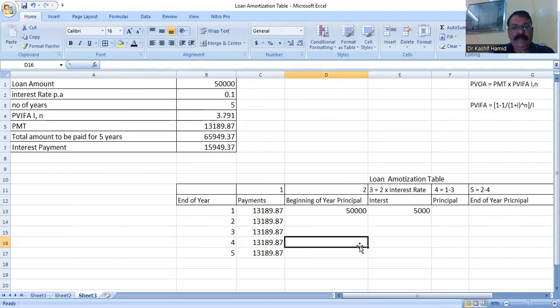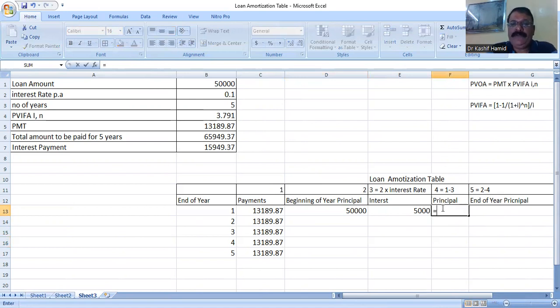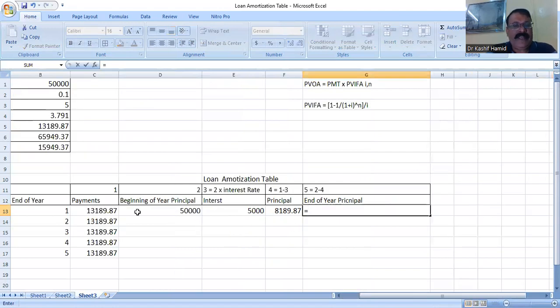We will change the values of the beginning of year principal, and the principal amount will be equal to column 1 minus column 3rd, and end of year principal will be computed equal to second minus fourth.